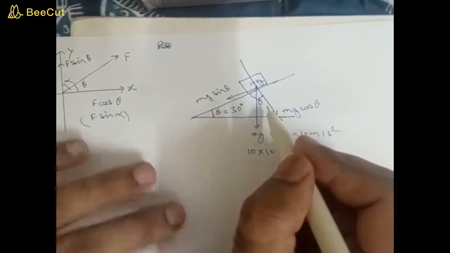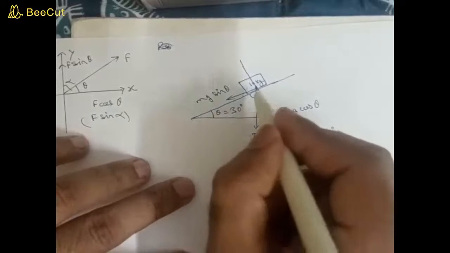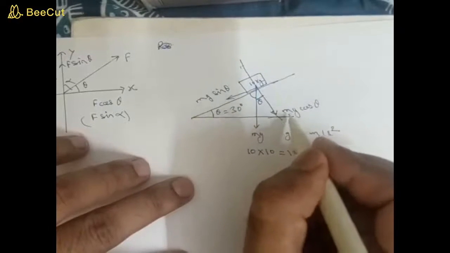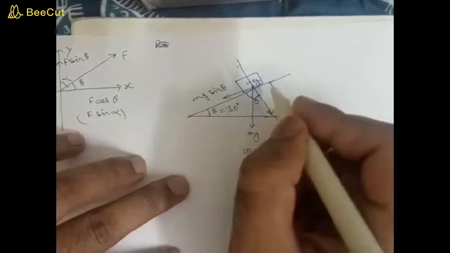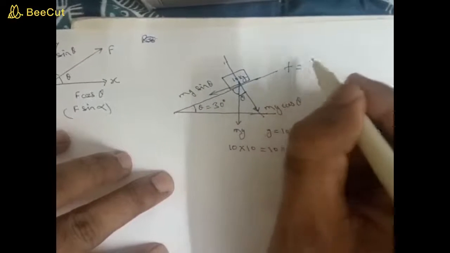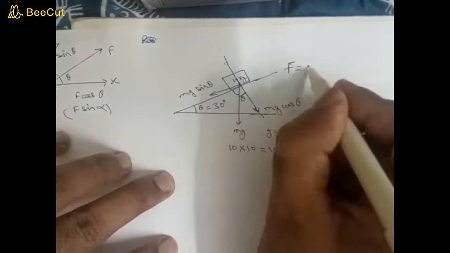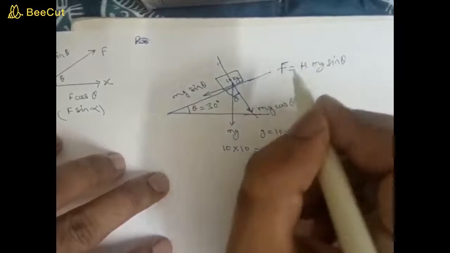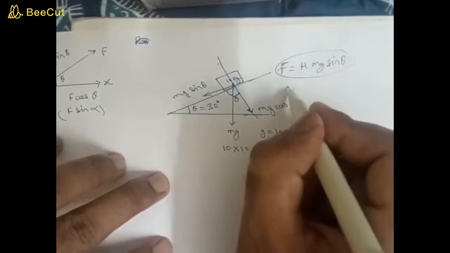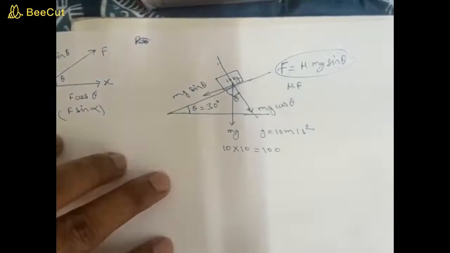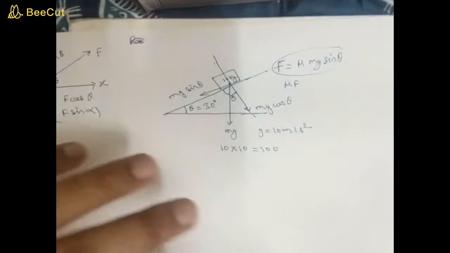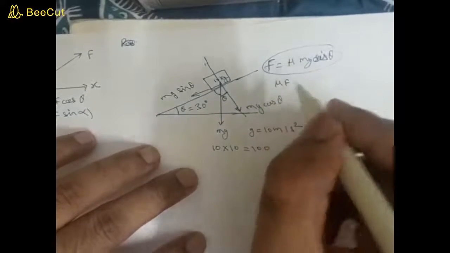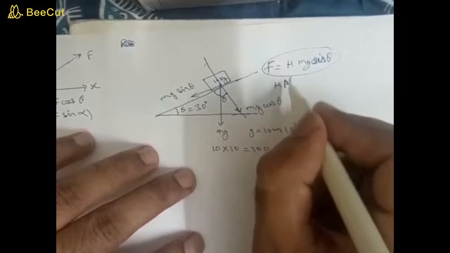So these components can be used in calculating the vertical reaction of the inclined surface on the block. It will be equal to mg cos theta. And if you have to calculate the friction force, then friction force is equal to mu into mg sine theta, because friction is mu into F. Sorry, mu into mg cos theta, because friction is mu into N, the reaction force.